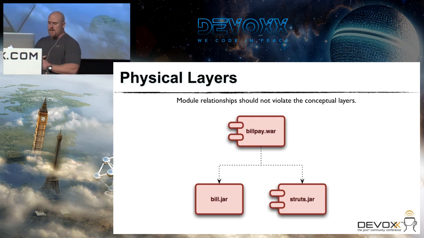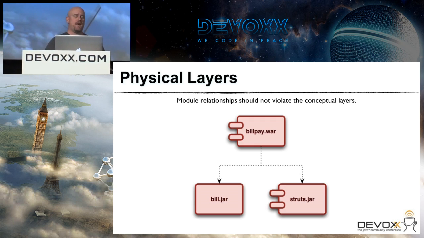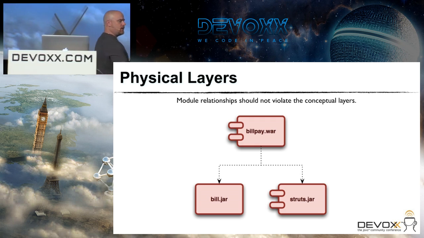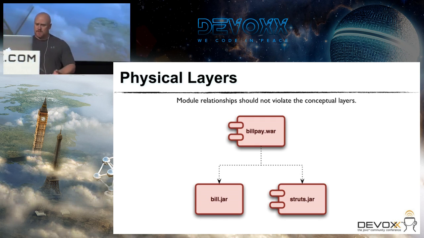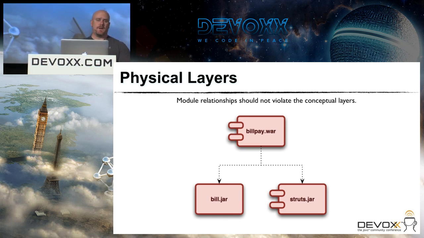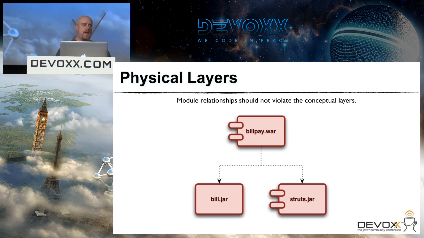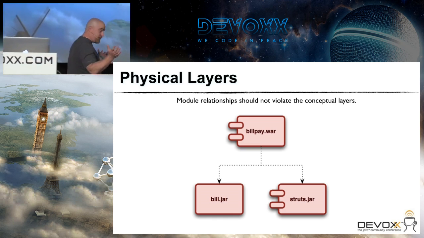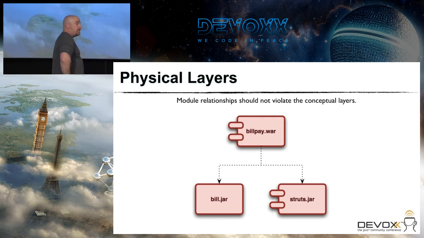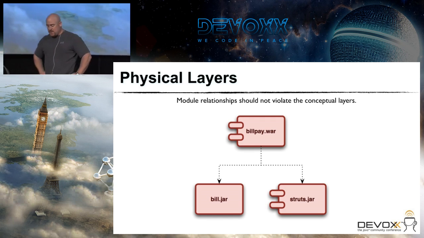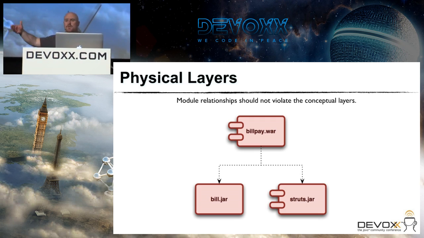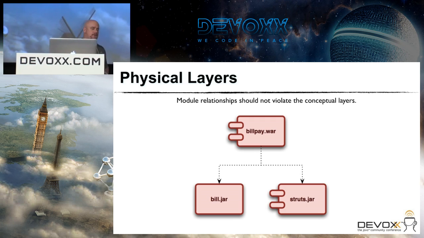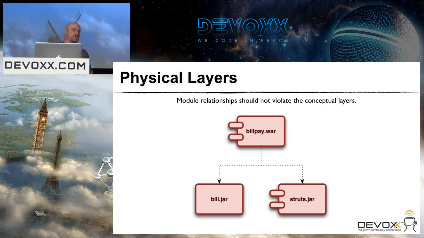And that's why I say, for many of us, we think we have a layered system, but it's layered conceptually, and if we don't do something to enforce it, we can't say for certain that we have a layered system. I also find it quite interesting that just about all of us decide to layer the system, and we operate under the assumption that we do have a layered system, but we don't do anything to enforce it.